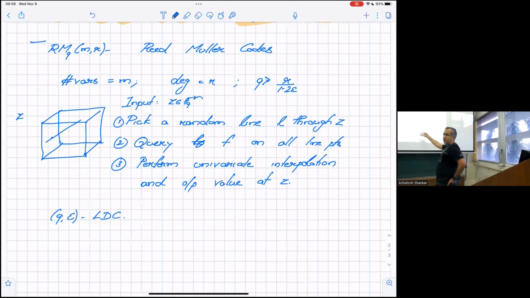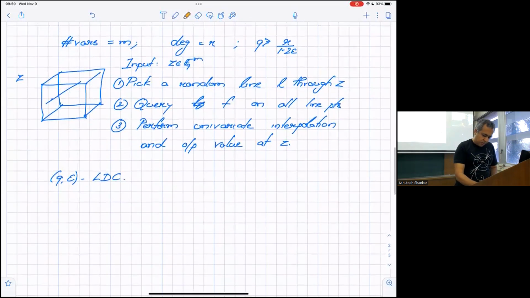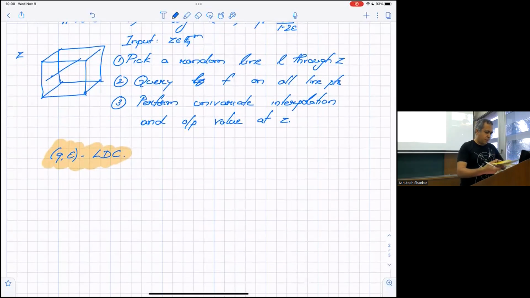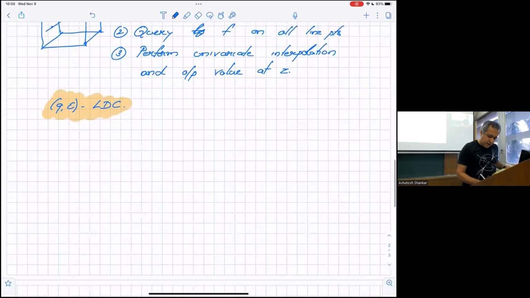The question is how good its rate and other parameters are. Let's flesh out the parameters a little more. What is n here? n is q to the power m, the same type of one.